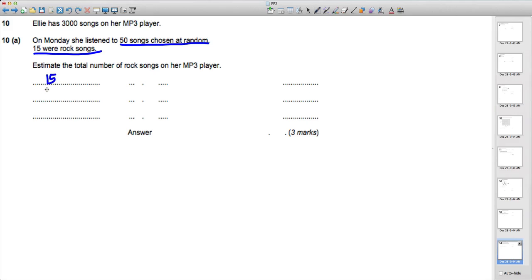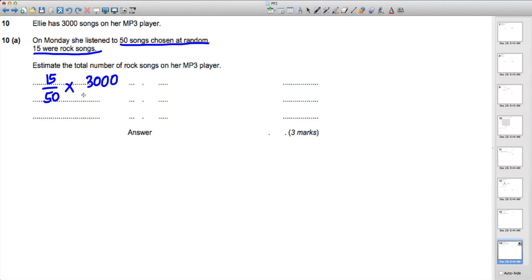So 15 out of 50 is an approximation to the ratio of rock songs she has in her MP3 player. So if you multiply this by 3,000, that will tell you a rough estimate of how many rock songs she has on her whole MP3 player.